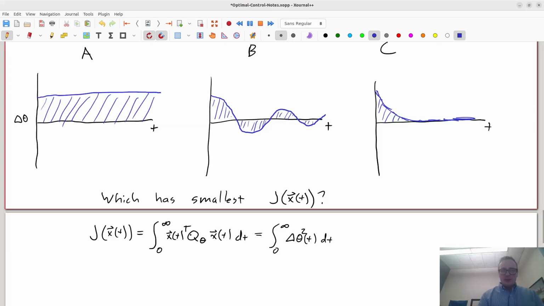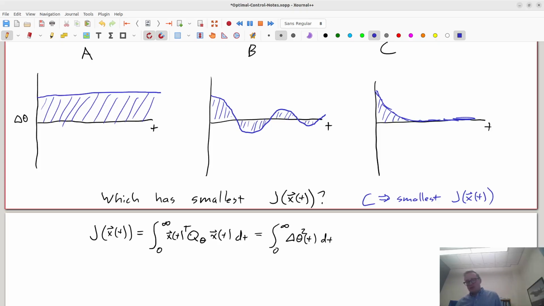So the answer to my question, which one is going to be considered the best according to this objective function, when the optimizer is considering different possibilities, which one is going to have the minimum J? The answer is C has the smallest J of x(t).